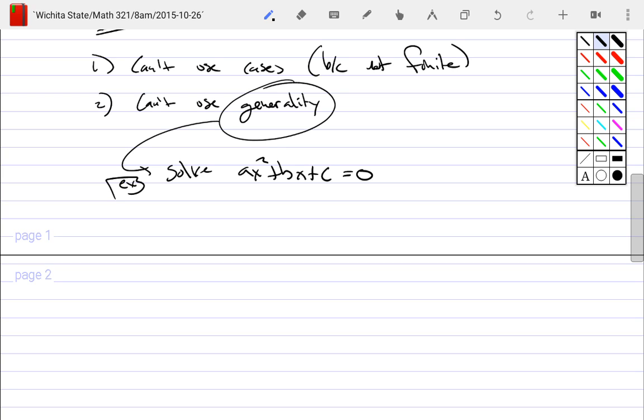And so you could solve it, and you would get x is equal to minus b plus or minus the square root of b squared minus 4ac all over 2a, right? I have solved all of them by just simply not putting down any numbers. I just put down that a, b, and c are real numbers, and I'm going to come up with two solutions like this by using a particular technique that solves them all.